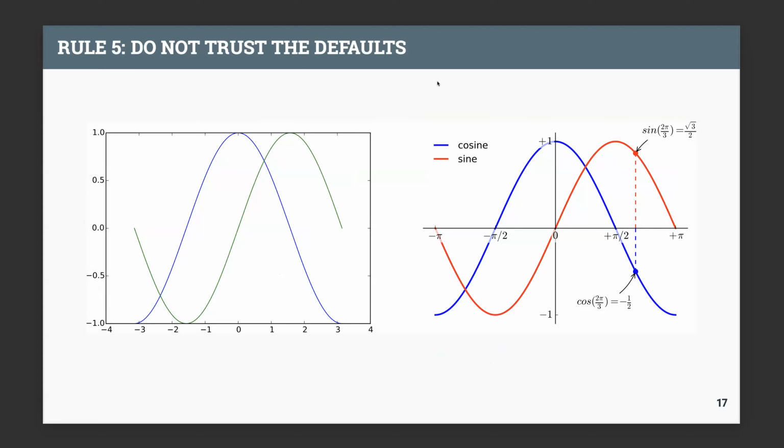Rule 5 is do not trust the default. If you are producing figures, mostly you are using either software or libraries. And those software or libraries come with a set of defaults, because when you want to, let's say, plot a sine and cosine, the library has to decide a lot of things for you. Either it decides for you, or you have to specify everything.